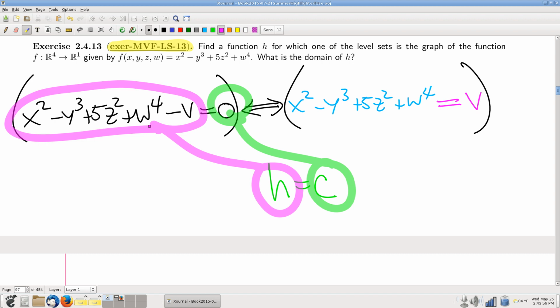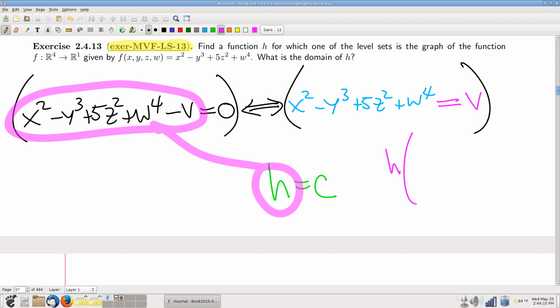And then the domain would be... Yeah. So now, sorry, I forgot the second half of the question. So this function h, let's count input variables. H is a function of x, y, z, w, and v.